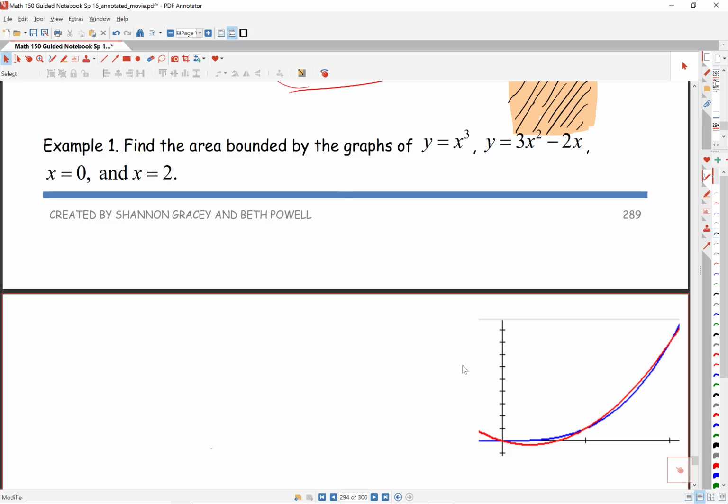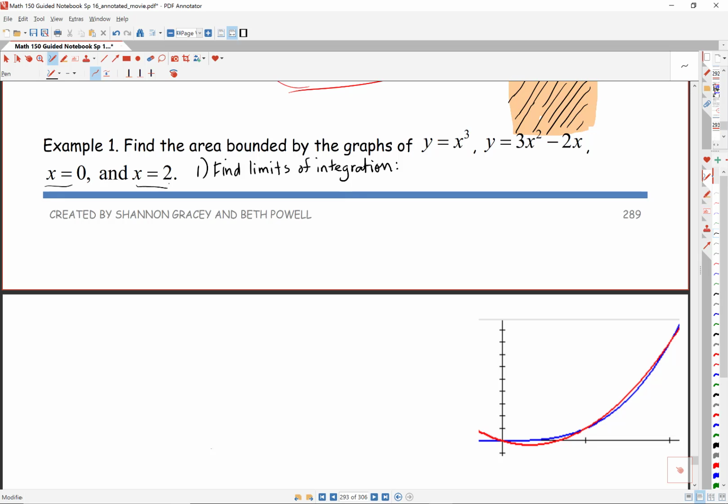Now keep in mind you've been given x is 0 and x is 2, but there's something in the middle that we have to find. So we'll just solve this system. We know for sure we've got these two, but we have to find the one in the middle and if there's any others. To find the limits of integration, we set them equal to each other.